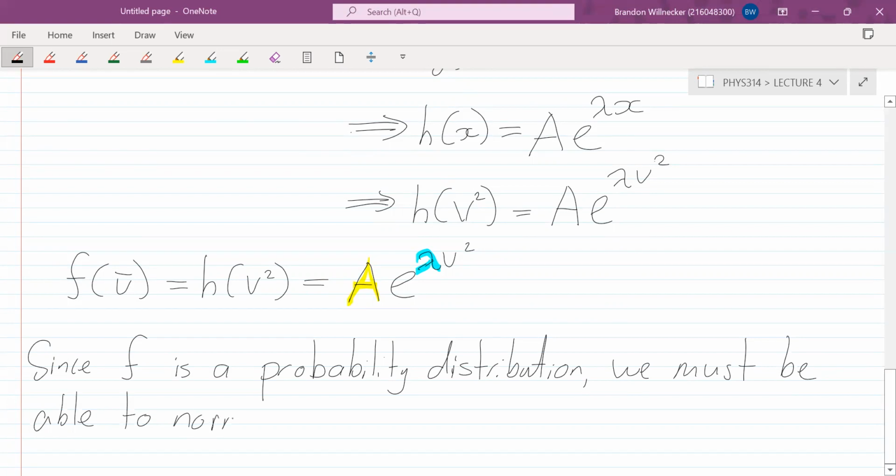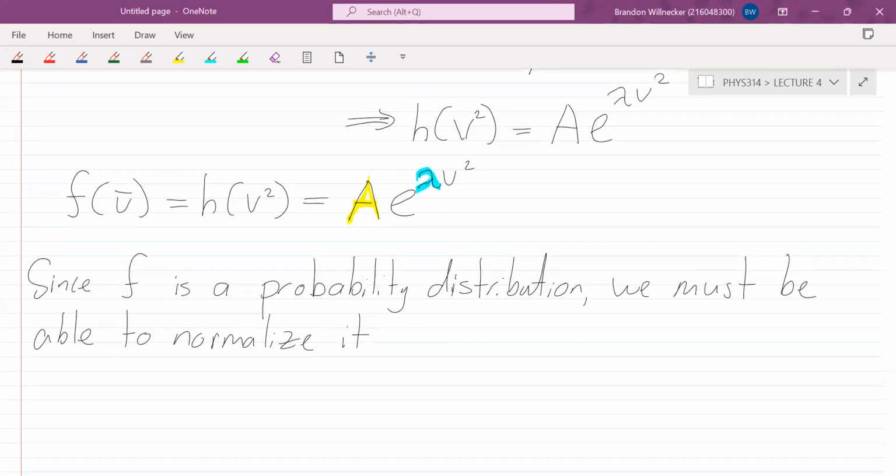In other words, if we integrate over all possible velocities, we must end up with 1. So this lambda cannot be a positive number. If lambda was positive, then this expression would go to infinity when v goes to infinity, and thus it cannot be normalized. It's unbounded. So we know for a fact that lambda must therefore be less than 0.